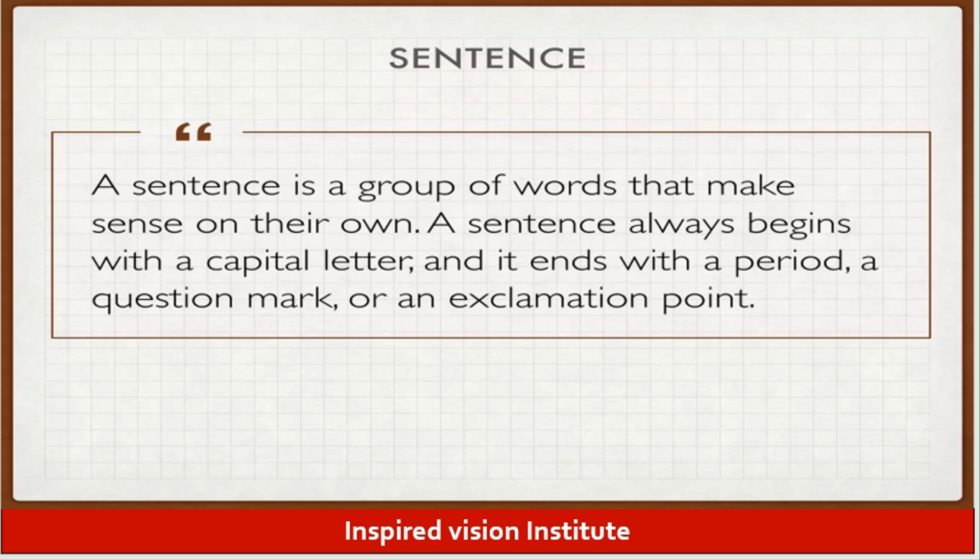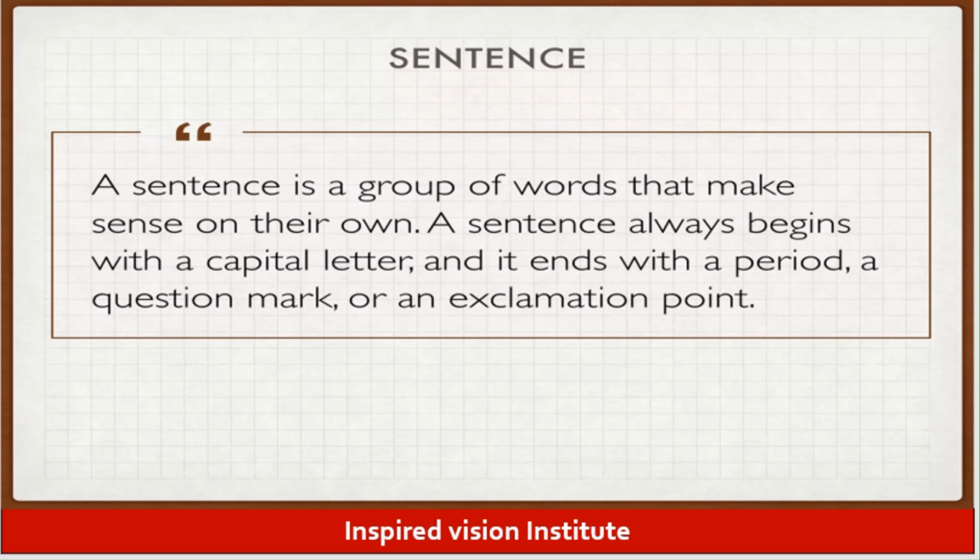So a sentence, as we discussed before, is a group of words. It makes sense, and a sentence always begins with a capital letter, as normally we do, and it ends with a period, a full stop, a question mark if it is a question, or an exclamation point if the sentence is an exclamatory sentence.